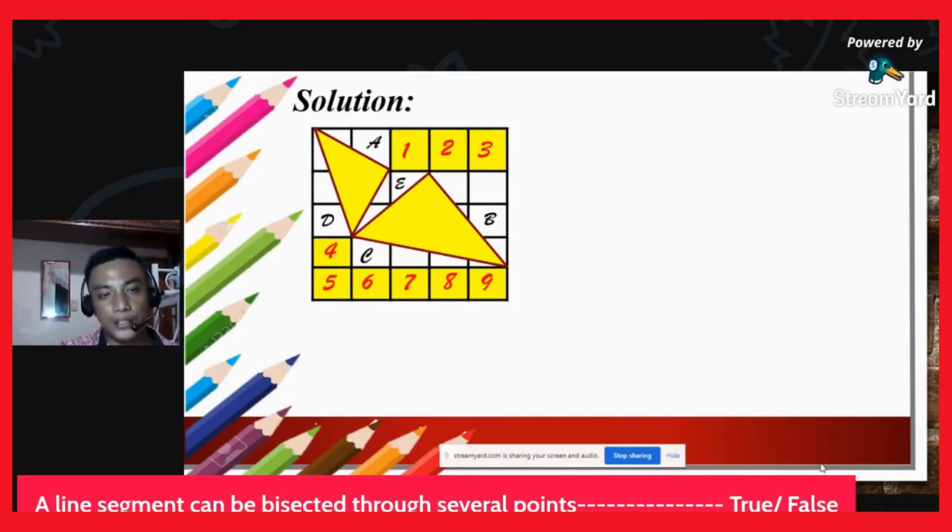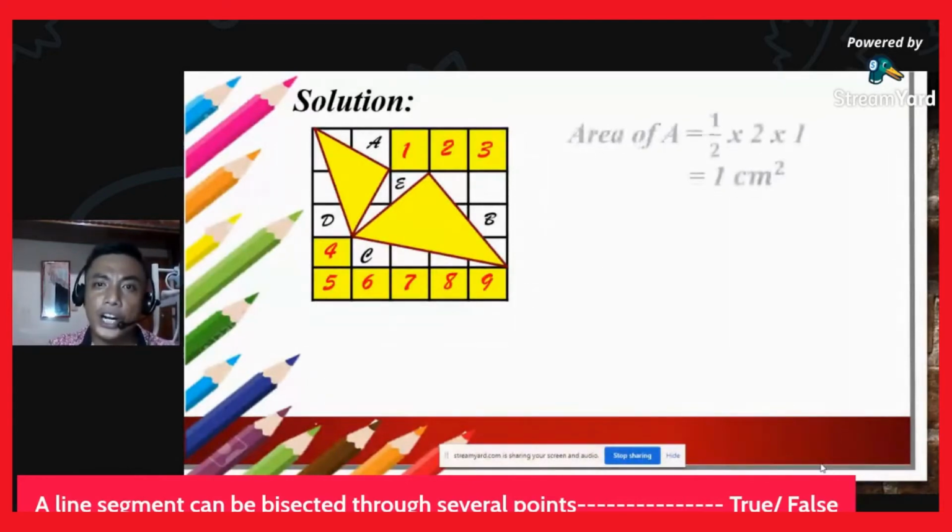So what is the area of triangle A? Take note that the measure of the side of each square is 1 centimeter. So what is the base and what is the height of triangle A? The base is simply equal to 2 and its height is equal to 1.